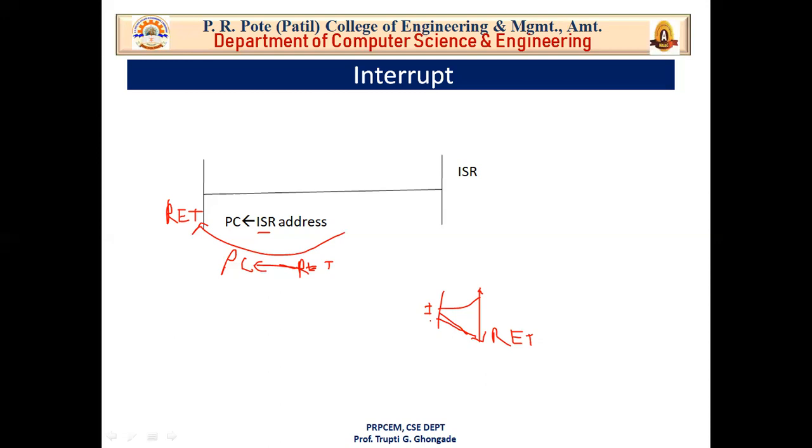So before putting the ISR address into PC, the processor stores the present value of PC, which means the return address, the address where we have to return, which means the address of the next instruction. The processor stores this address in a stack data structure.